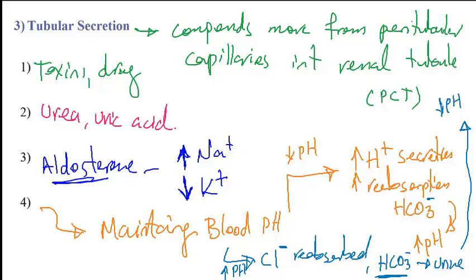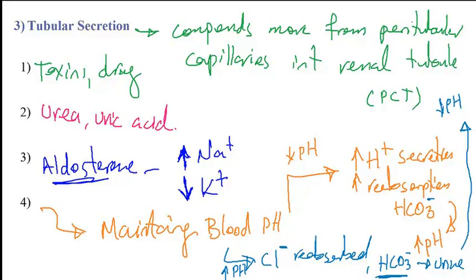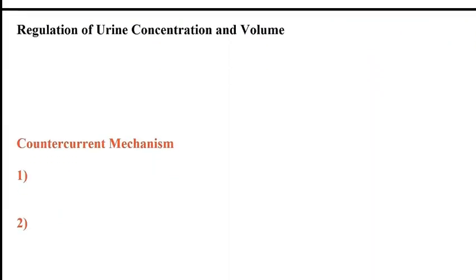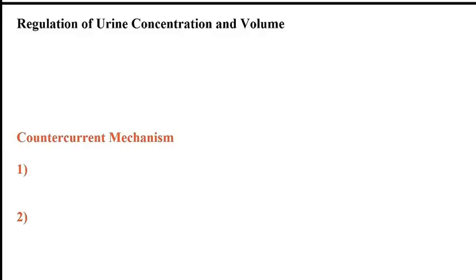Okay, so now we are done with the discussion of glomerular filtration, tubular reabsorption, and tubular secretion. The next question that remains is how does the kidney regulate this urine concentration and volume? We just discussed how different filtrates are getting reabsorbed and so on, but what is the mechanism?